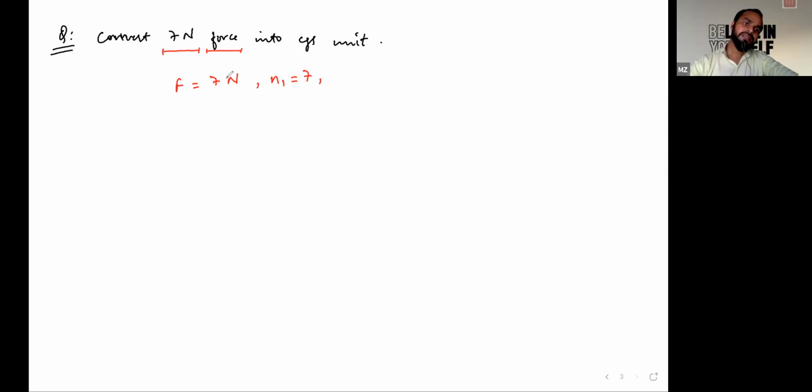The next part is which physical quantity is represented by this particular term. It is just force. So just write the dimension formula of force. It would be M L T raised to the power minus 2. The power of this M is nothing but 1, so it would be a.